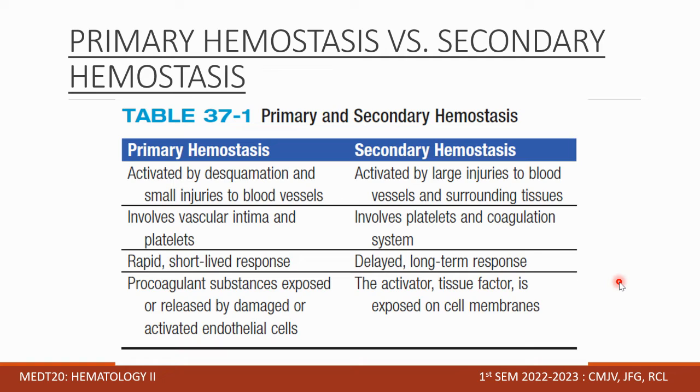This one is rapid, kasi siya yung unang nagre-respond. Short-lived because it is just a temporary fix. Then procoagulant substances are exposed or released by damaged or activated endothelial cells, which will further activate naman our secondary hemostasis.